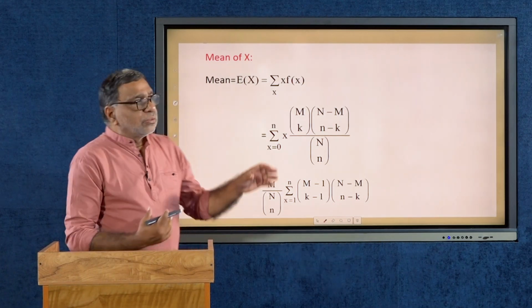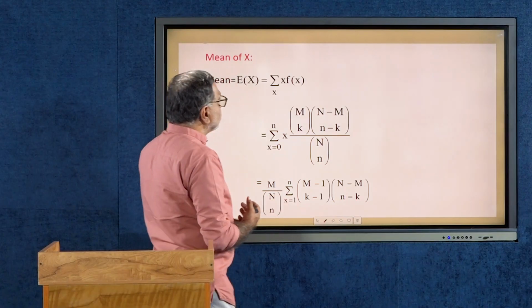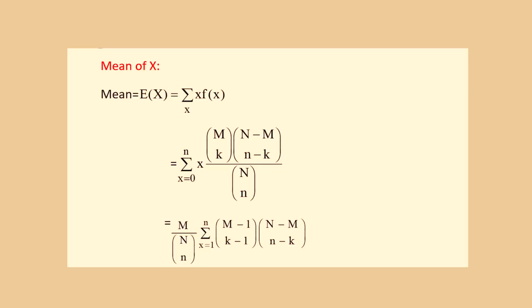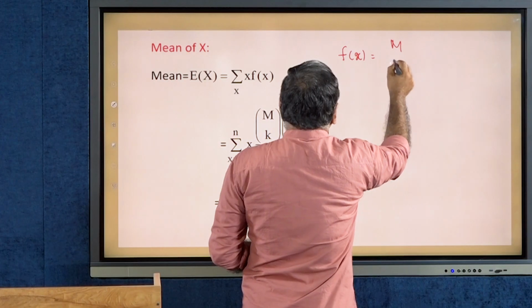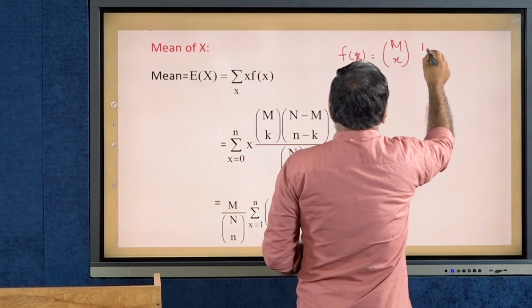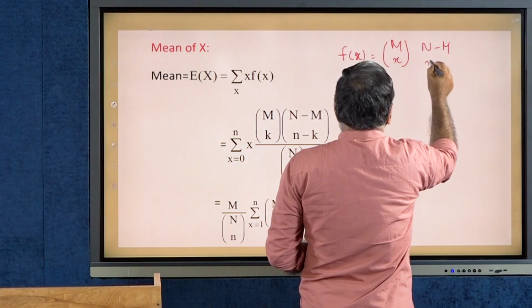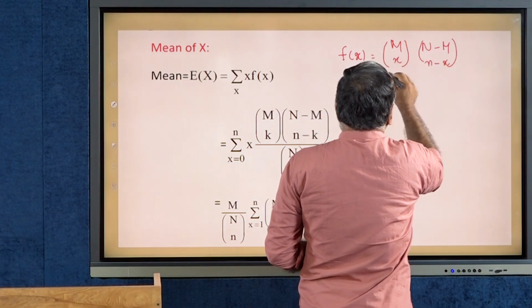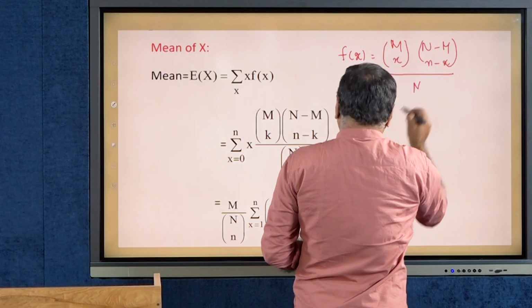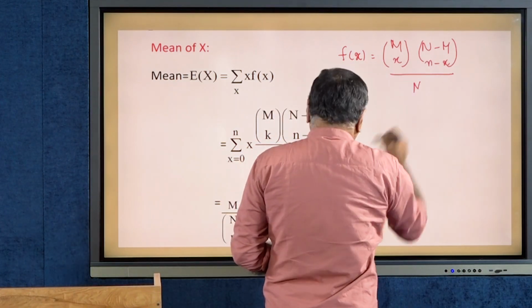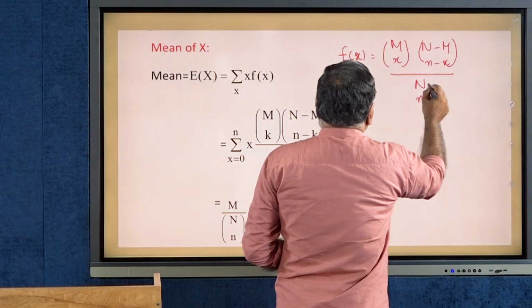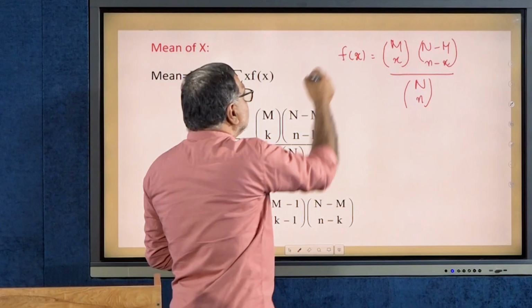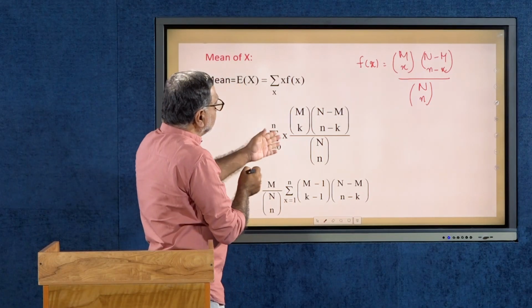Usually we know the expectation of X is obtained by the sum over x of x times f(x), and the f(x) value we have is mCx times (N minus m)C(n minus x) divided by NCn.